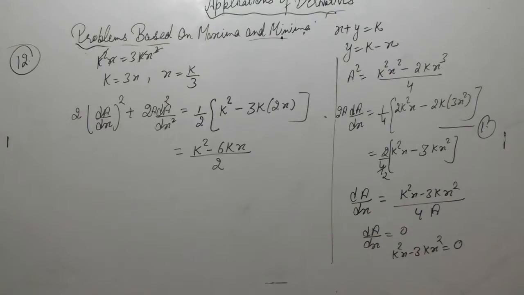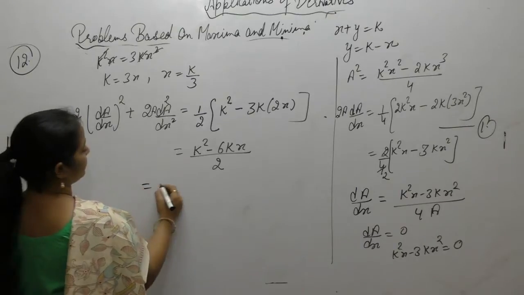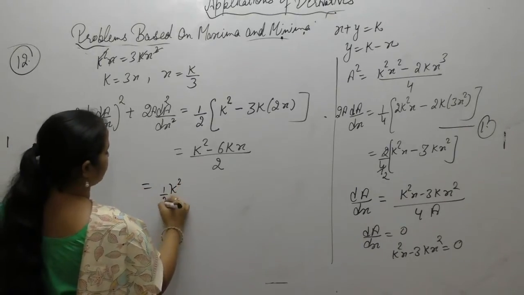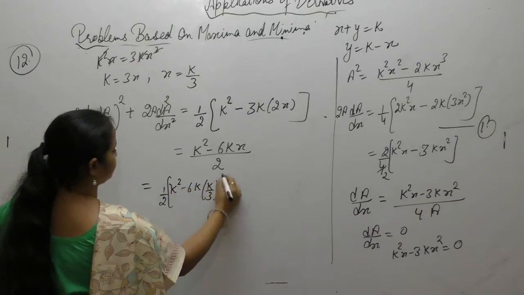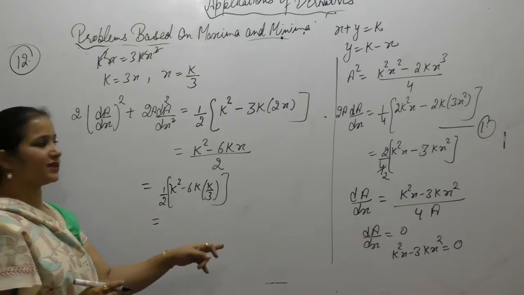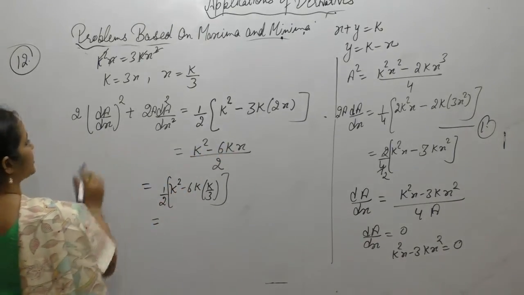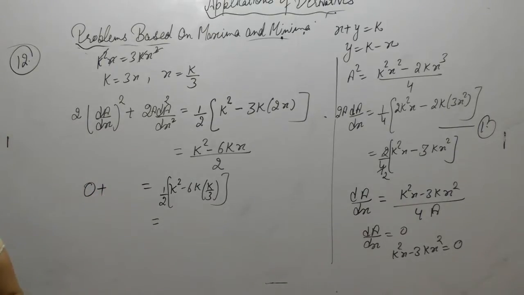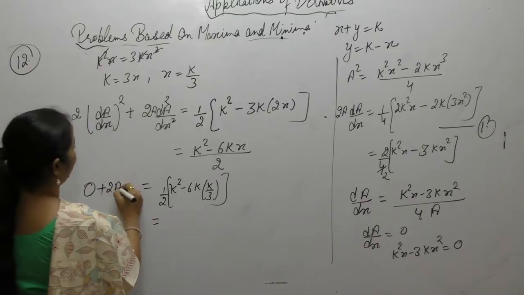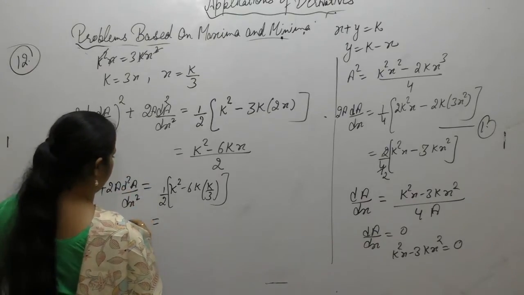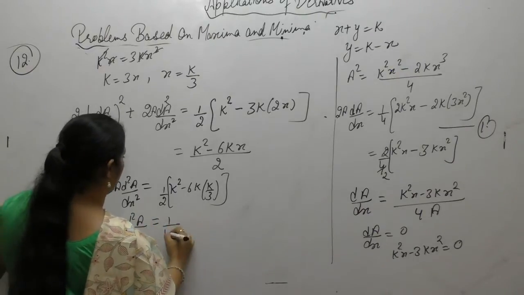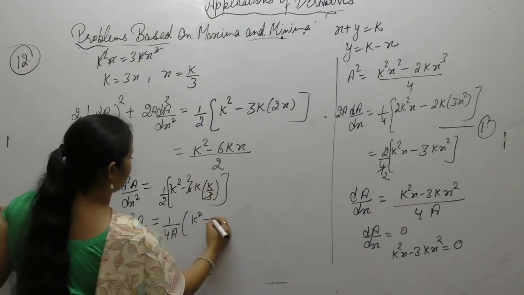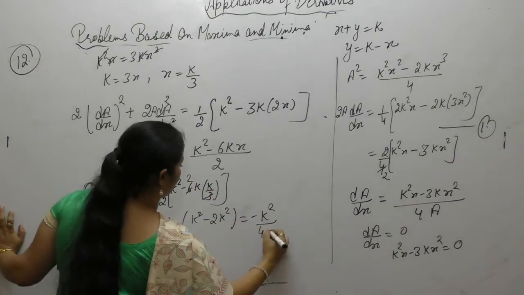Clear? Now put the value of x, that is k by 3. dA upon dx is equal to 0 for this value x equals k by 3. d square A upon dx square is 1 upon 4A times k square minus 2k square, so minus k square upon 4A.